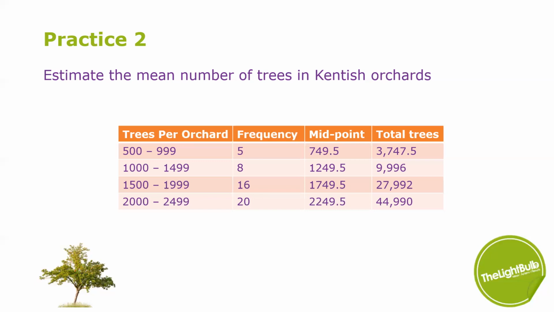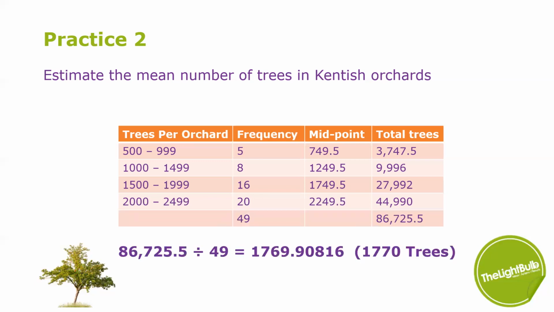Hopefully you remembered, we need to find the total of the fourth column and the total of the frequency column. And then we need to divide that total by the total of the frequency.